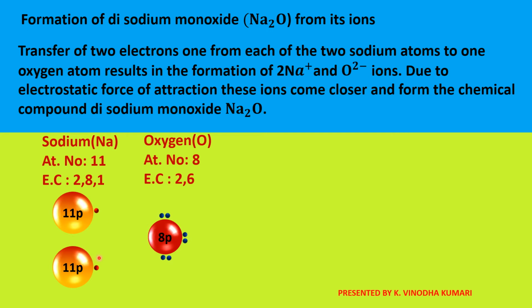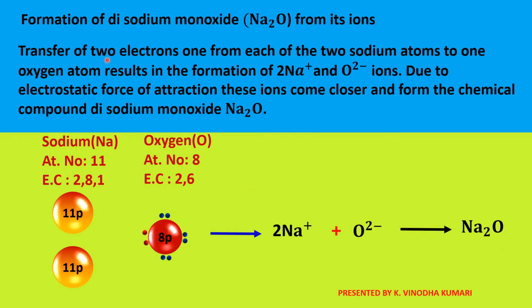And now these 2 electrons are transferred to oxygen, 1 from each sodium, so that sodium, by losing the electron, forms 2Na plus, and oxygen, taking 2 electrons, forms O2 minus, and these oppositely charged ions result in the formation of disodium monoxide.